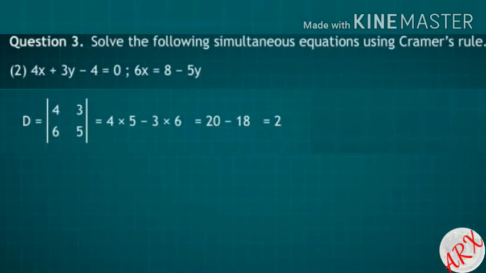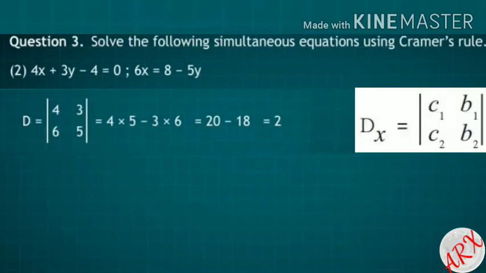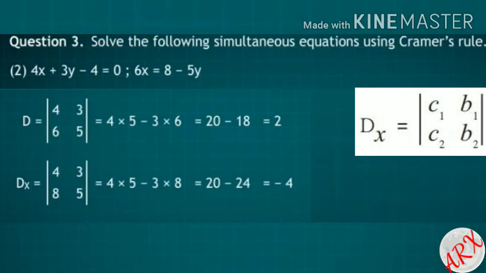Now we will take determinant Dx, that is c1, b1, c2, b2. After putting values, we get 4, 3, 8, 5. We do the simplification: 4 into 5 minus 3 into 8 equal to 20 minus 24 equal to minus 4.